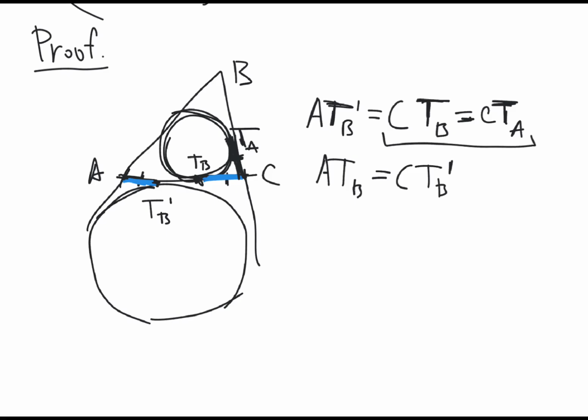But then applying the same property to another excircle, with tangency point TA prime, this segment should be equal to this segment, so equal to BTA prime.